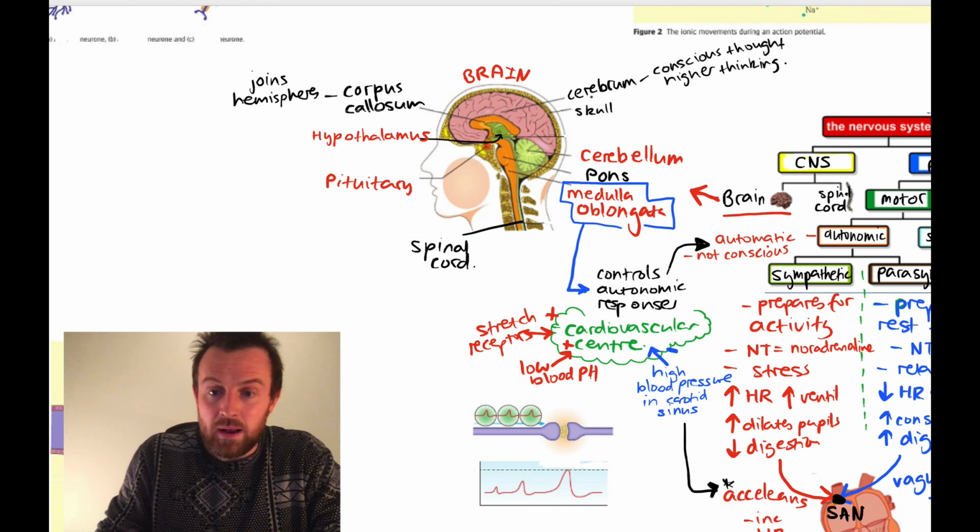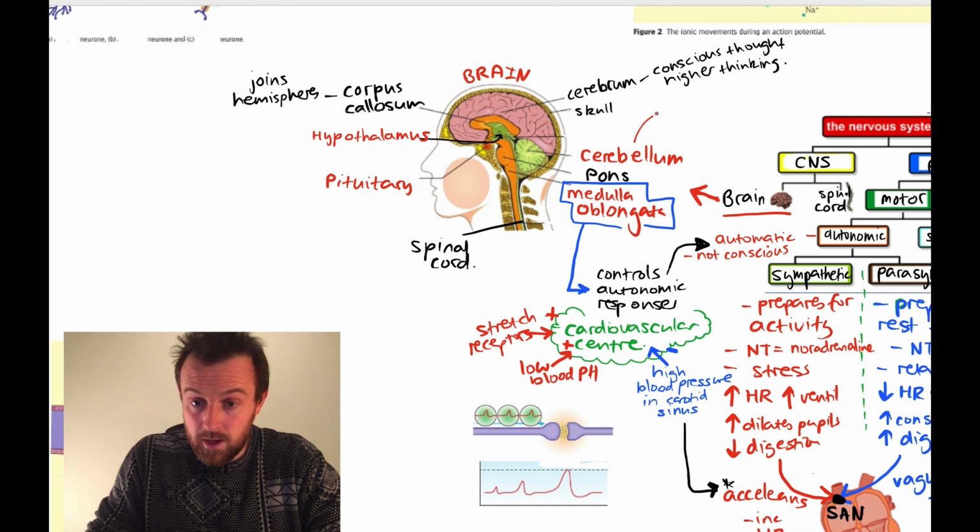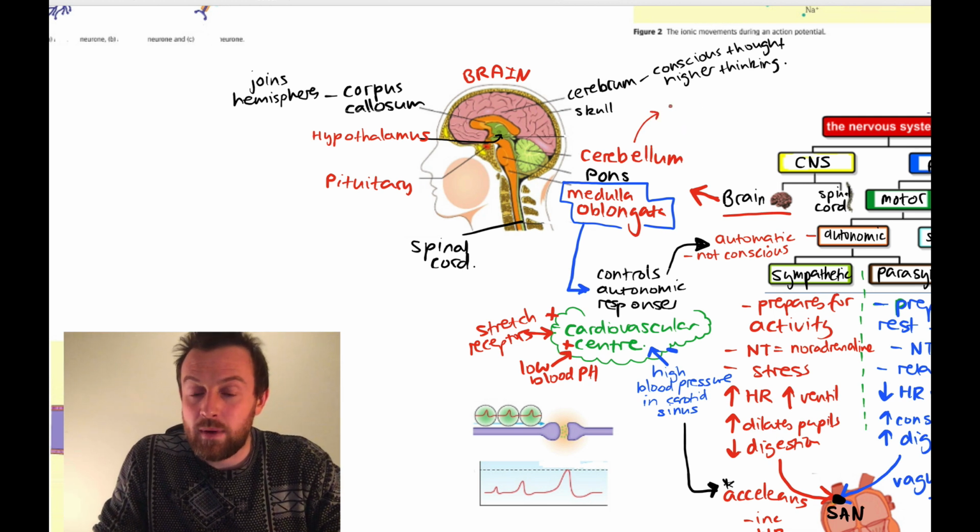And actually the cerebellum, we need a little bit more information on there as well. Put this over here. So the cerebellum controls balance plus fine control of movements.